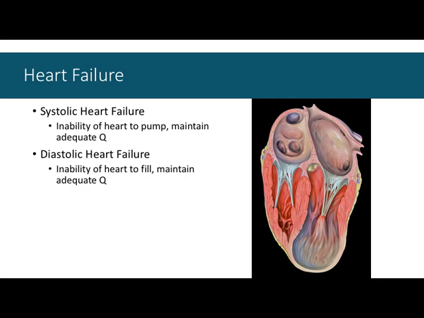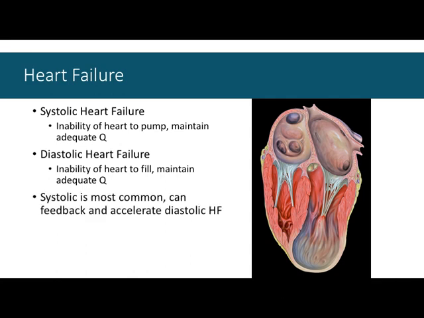In diastolic, there's some deficiency upstream of the heart in loading or supplying the heart with blood to be ejected. These don't necessarily overlap, but they do often occur in tandem because systolic heart failure, being the most common, often leads to diastolic heart failure.